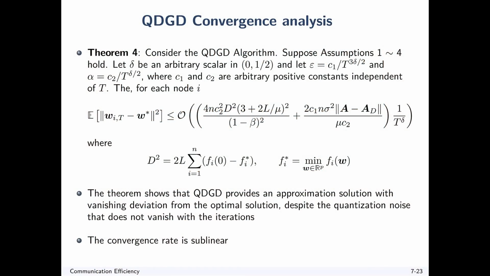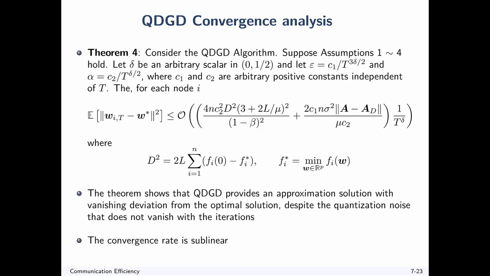And the result is this: suppose that the assumptions of the previous slide hold, and let delta be a scalar between 0 and 1 divided by 2. Let's have two arbitrary constants, C1 and C2, and let epsilon be like this, and alpha like that. So it's a bit involved with definitions.